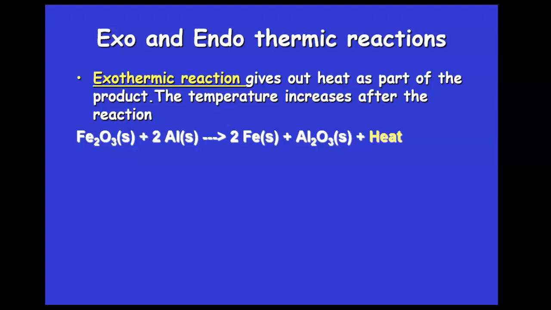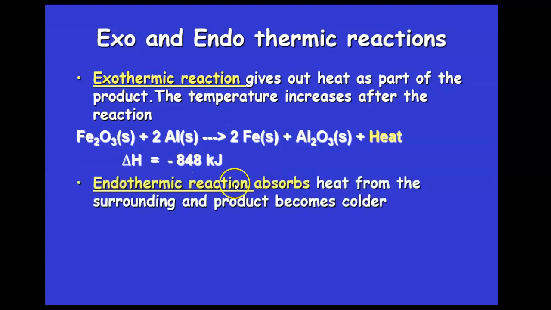The surroundings become very warm because energy is dissipated to the surroundings. So energy is given out. That is why the heat sign is on the product side. And of course, it also means the change of heat is negative. I'll just give an example here as negative 848 kilojoules.